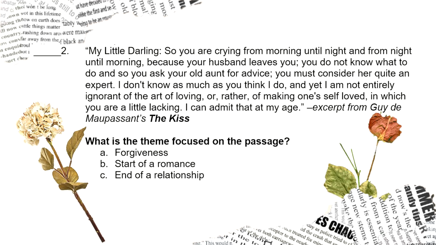I can admit that at my age. This is from Guy de Maupassant's The Keys. What is the theme focused on in the passage? Is it A. Forgiveness? B. Start of a romance? C. End of a relationship?